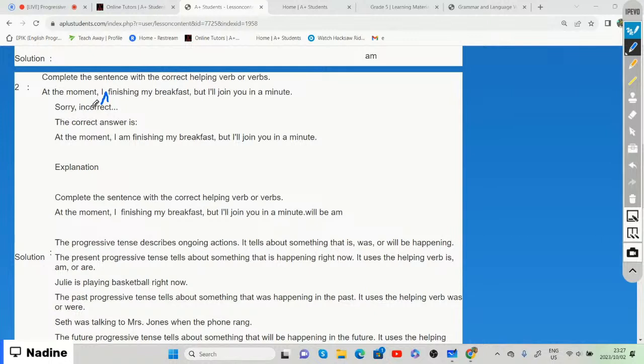All right, so if we are going to choose the correct tense, and then we are going to say firstly that this is happening in the present, right? It's happening now.